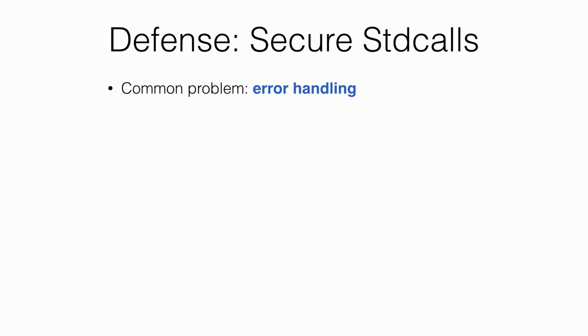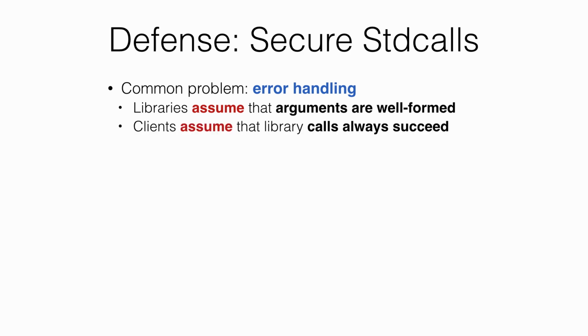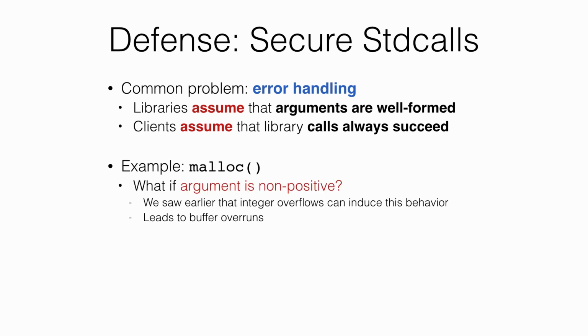The next defense that Very Secure FTPd employs that we'll consider is a secure system call library. And this addresses the common problem of error handling. Libraries often assume that arguments are well formed, and clients assume that library calls always succeed. For example, consider malloc. What if the argument to malloc is non-positive?